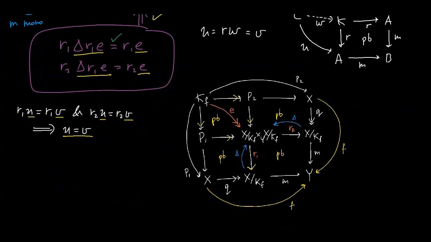So let's try another way. So R2 delta R1E equals, let's try to replace ER1 with P1Q. So this, Q P1. But QP1 is equal to QP2, isn't it?